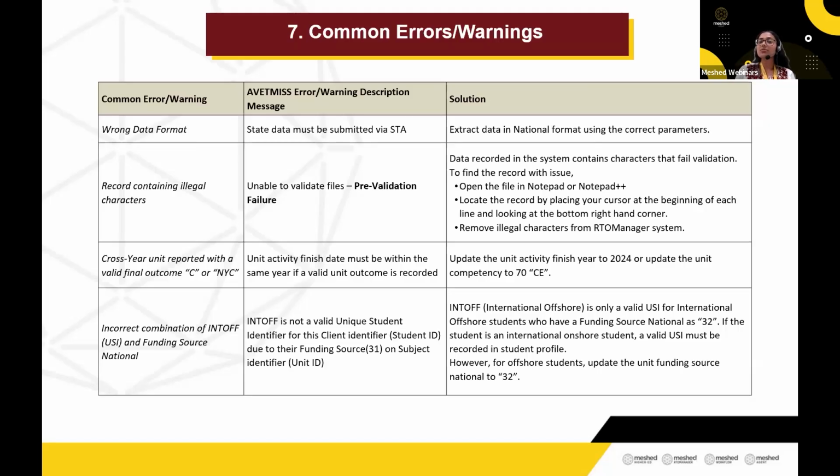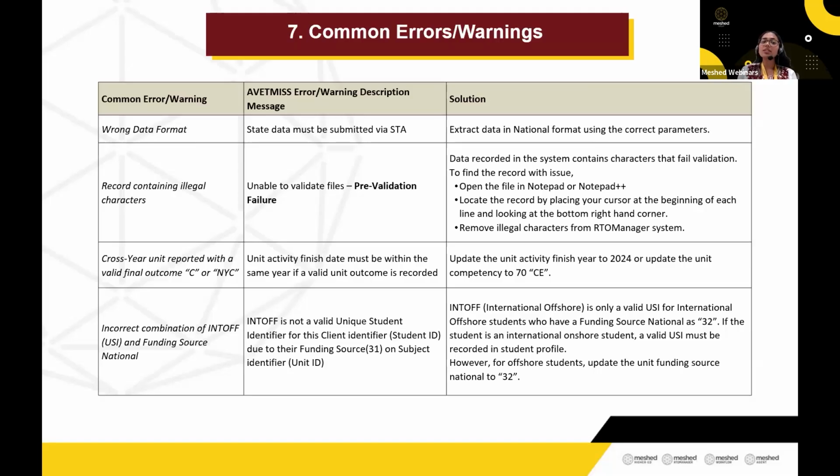For this, you have to open the file in Notepad or Notepad++, and then locate the record by placing your cursor at the beginning of each line. NCVR's error report will tell you which record has the error, the record number. So you will have to locate that record number manually in the text file and then fix that data in the mesh system.